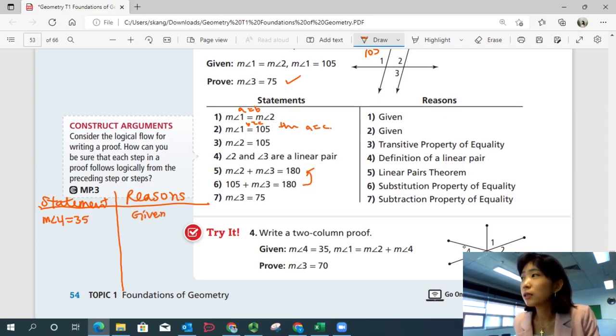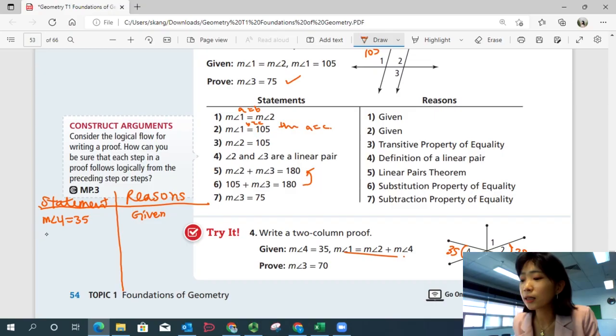And using that, this is 35. We're going to use this information later, that measure of angle 1 is equal to angle 2 plus angle 4. But right now, before we use that, what do we know? 4 and 2 are vertical angles. So that means 2 must also be 35.